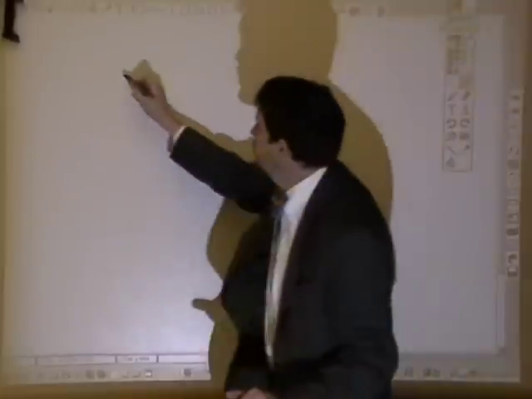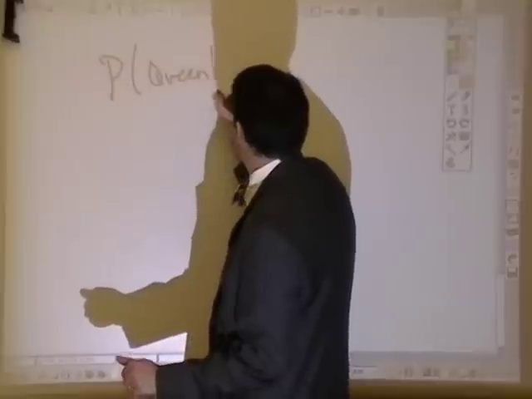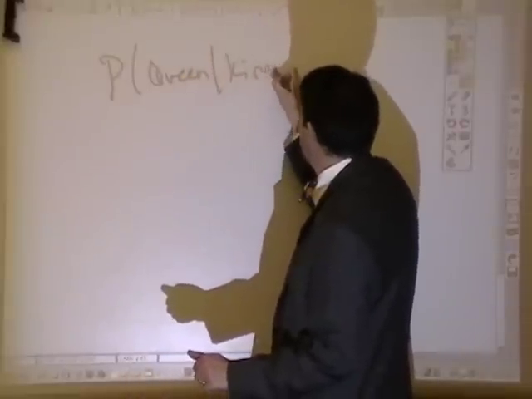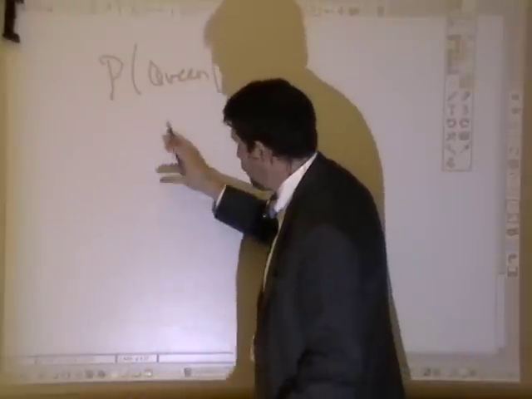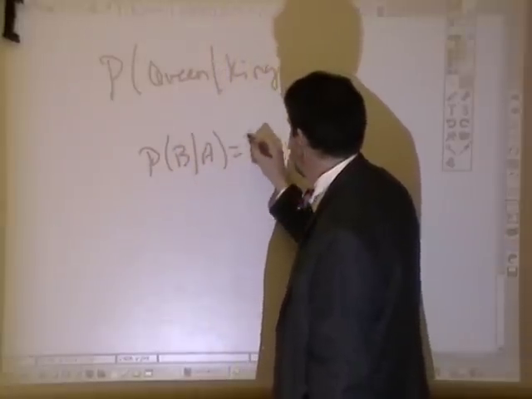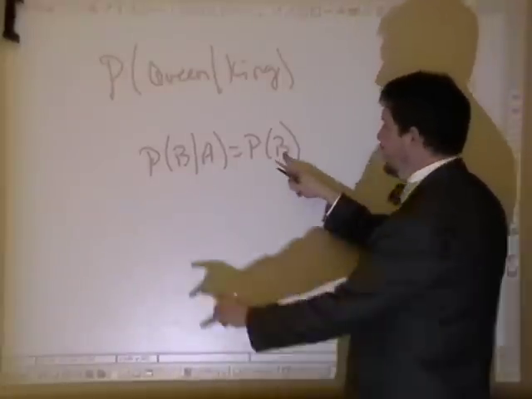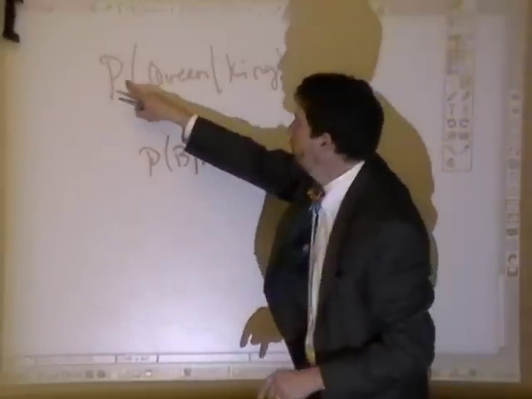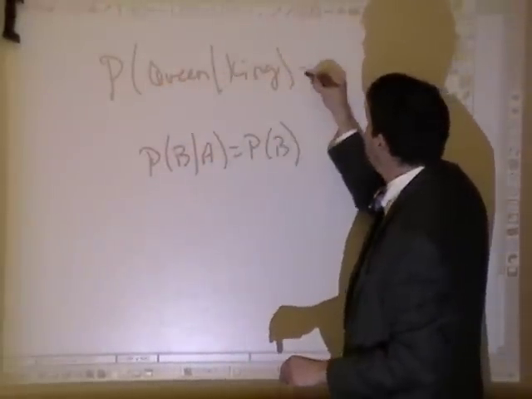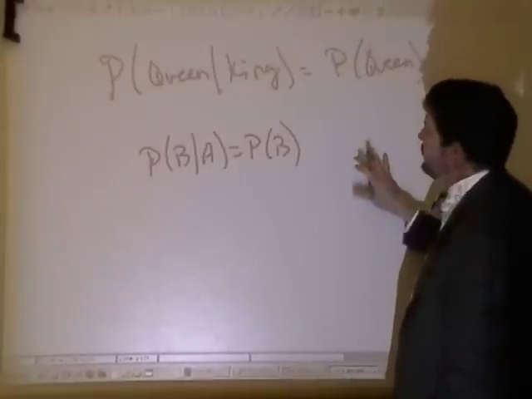Okay, so let's go back to the probability of me getting a queen given that I drew a king. And the general formula here is the probability of B given A has to be equal to the probability of B. So the probability of queen given king would have to be equal to the probability of getting a queen all by itself.